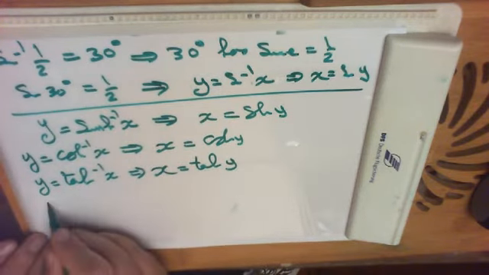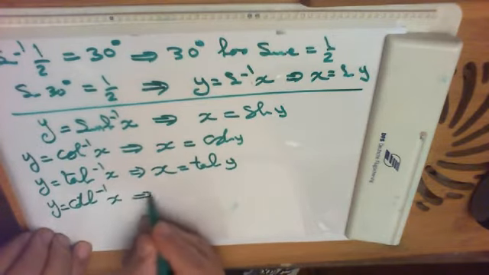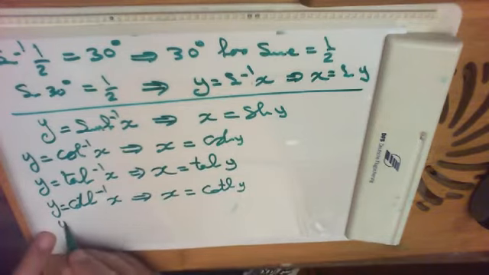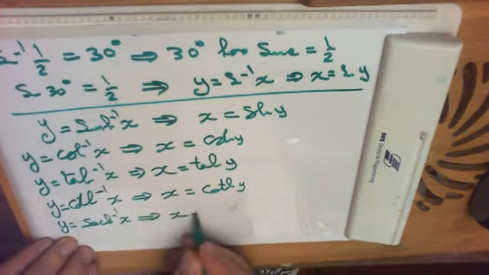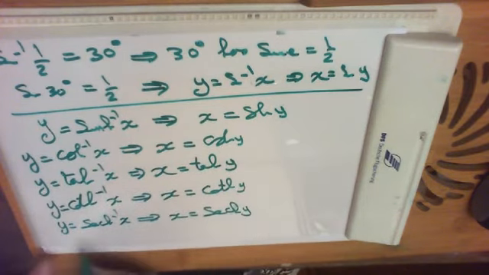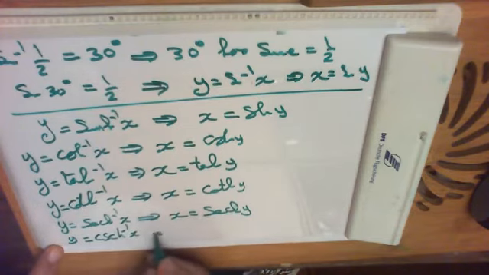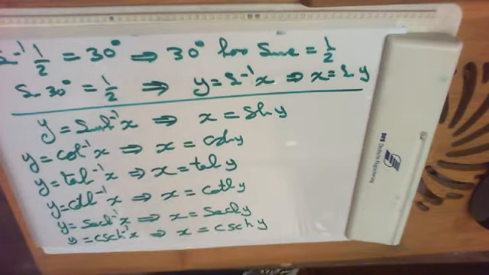Y equals cotan minus 1 of x, x equals cotan y. Y equals sech minus 1 of x means x equals sech y. Y equals cosech minus 1 of x means x equals cosech y.